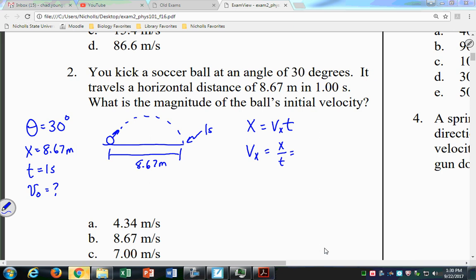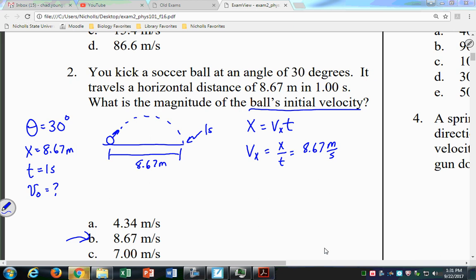That's 8.67 over 1, or 8.67 meters per second. But then I have one more step, because I'm not asked for Vx, although you see B is an answer there, and you might be inclined to stop and say, oh, B is the answer. But that's not what we're asking for. We're asking for the ball's initial velocity. I'm not being mean in that way. It's a good practice in writing tests that the wrong answers are wrong for a reason.